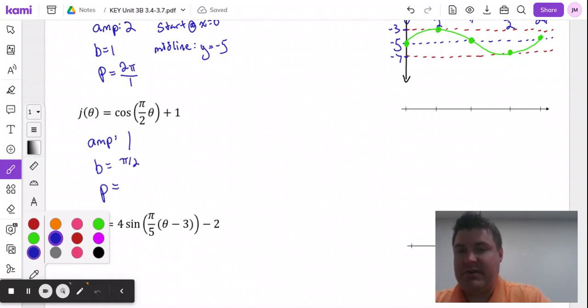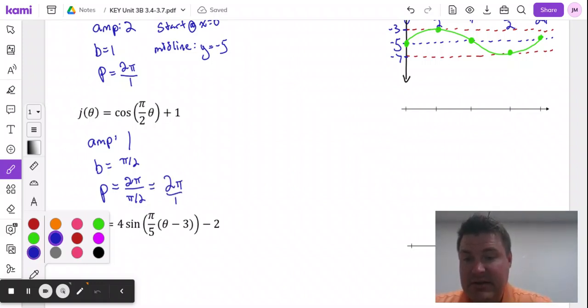So our period is going to be 2 pi over pi over 2. Dividing fractions is as easy as pi: you flip the second and you multiply. So this will be 2 over pi. Pi's cancel out, so my period is 4.